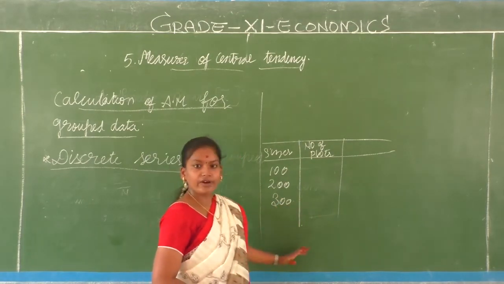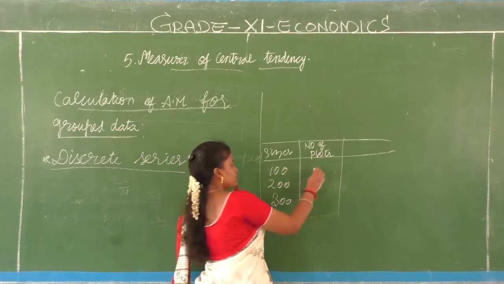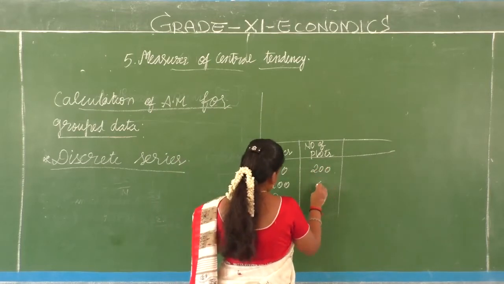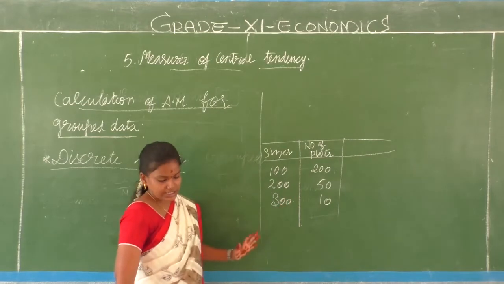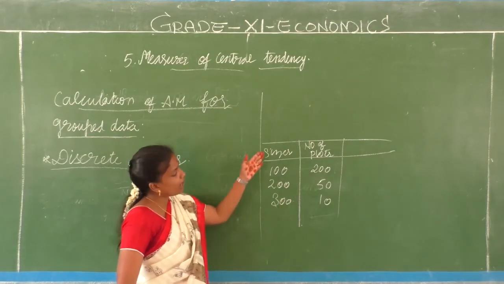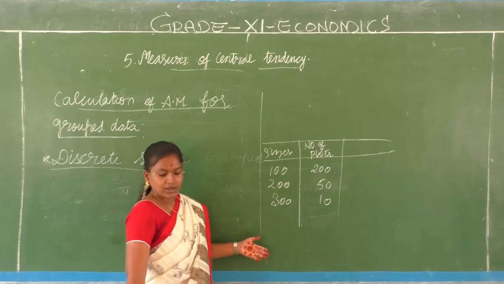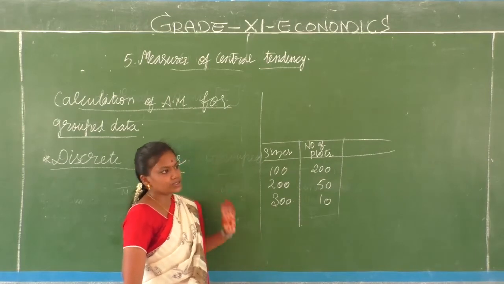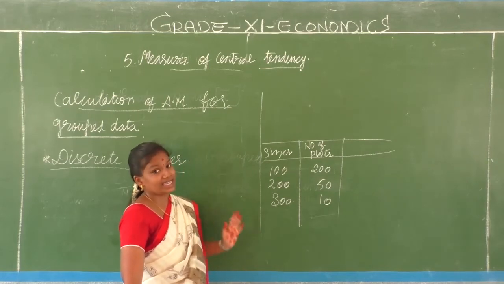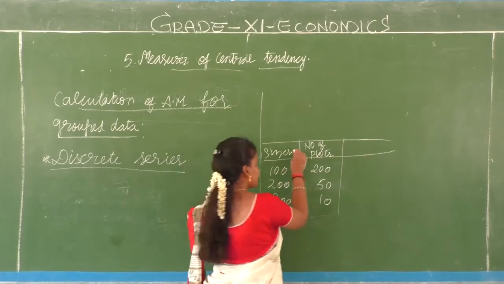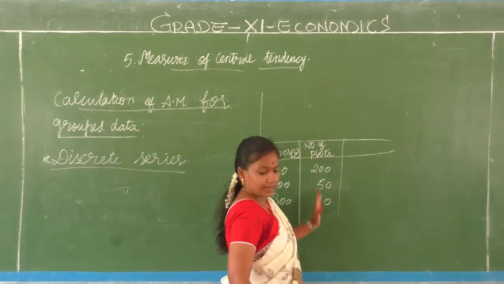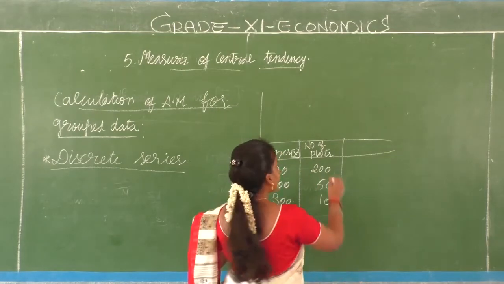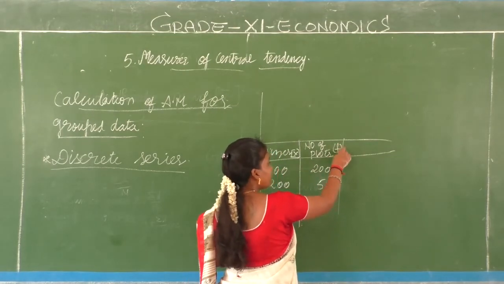Now the number of households given are 250. Then out of this data, we are going to have these sizes, right? Plot size in square meter is going to be taken as what? Yes. The observation. And number of plots is going to be taken as the frequency.